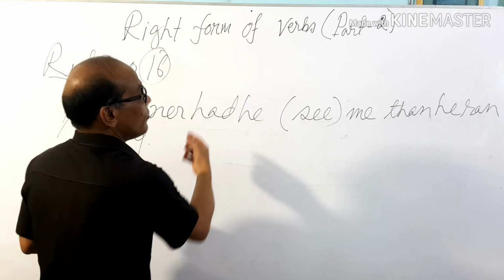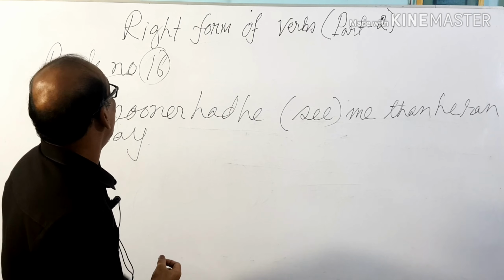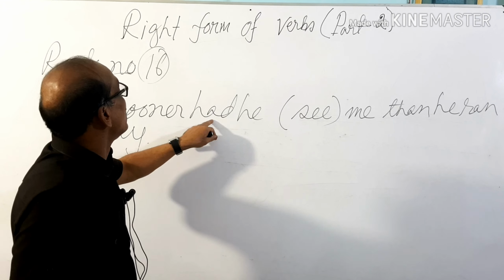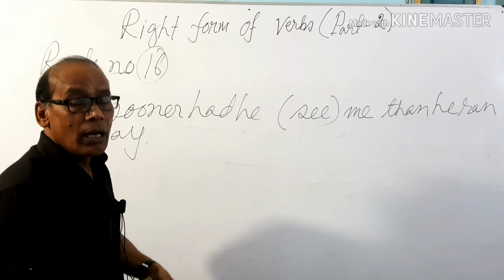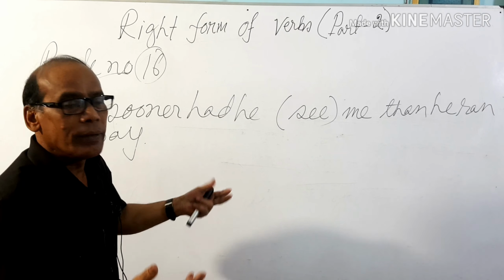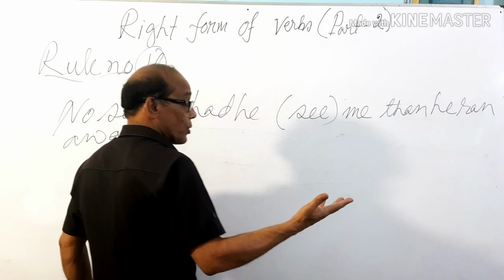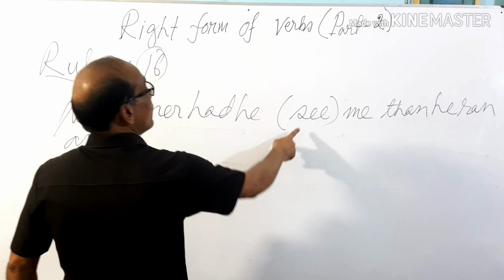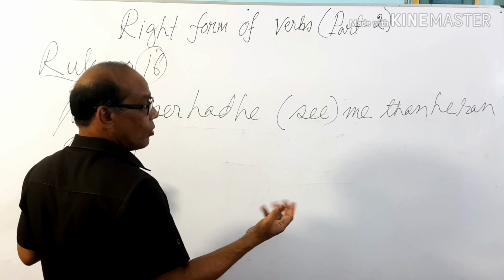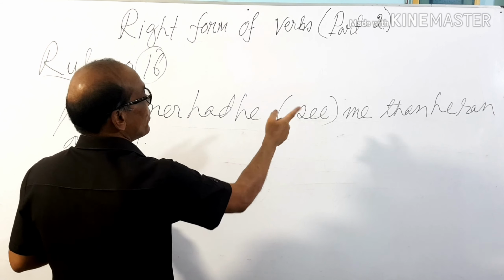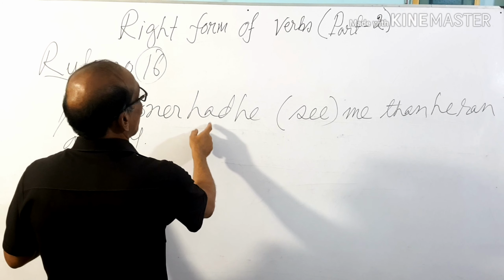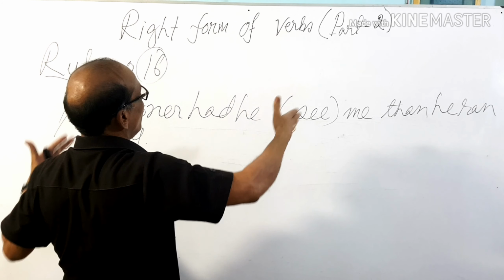Here, had, a very easy matter to understand. After have, has, had, having, we use the past participle of the main verb. Here, that is another rule, but according to the tense, we are to use the past participle after had. So had he. This is inversion.